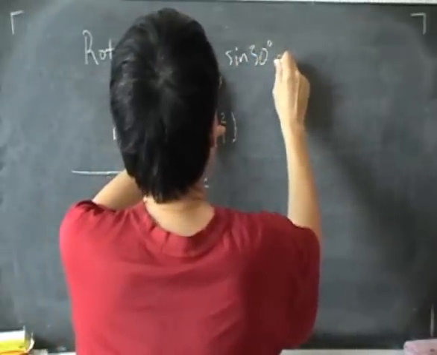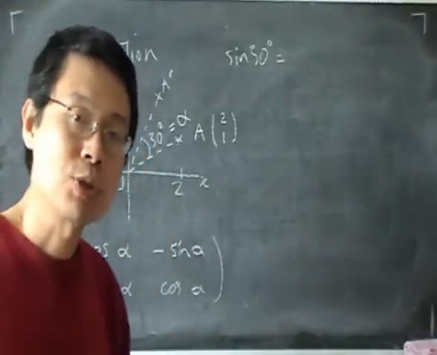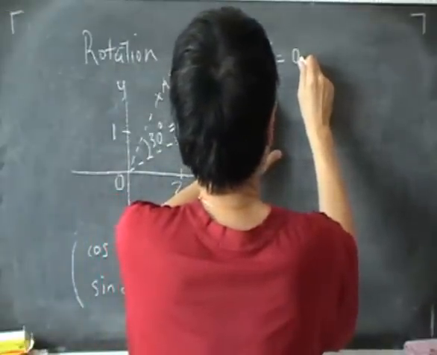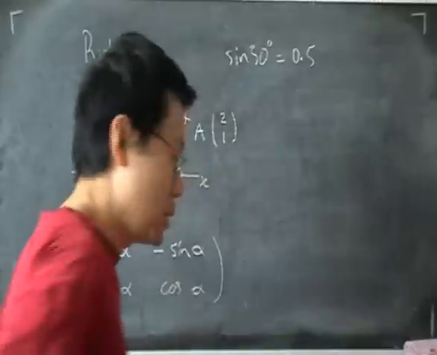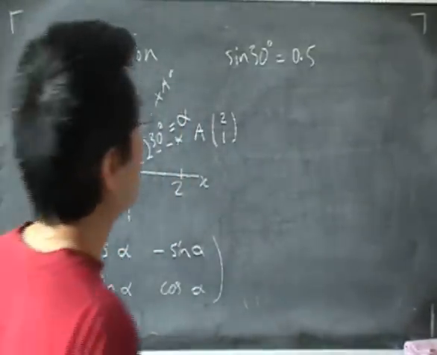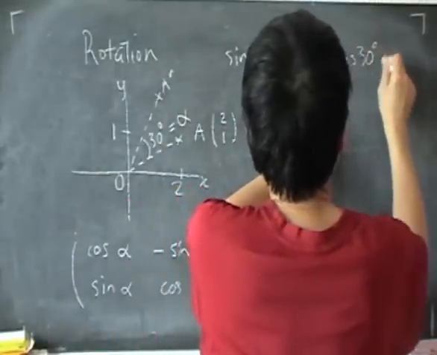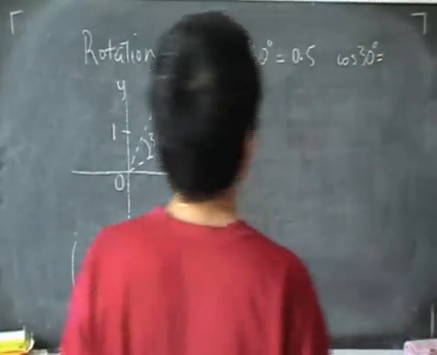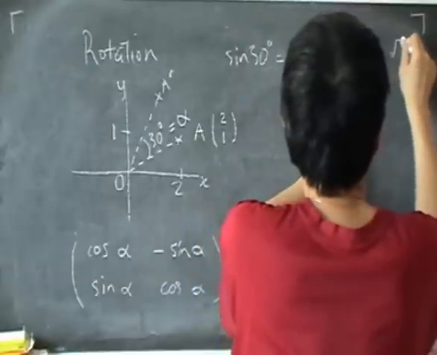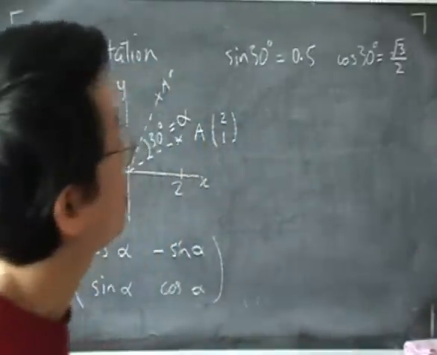Now sine 30 degrees, as I remember from learning about special angles in trigonometry, is 0.5. So if you remember the special angles, you don't need your calculator for this. The cosine 30 degrees, if you remember from your special angles, is actually square root of 3 over 2.